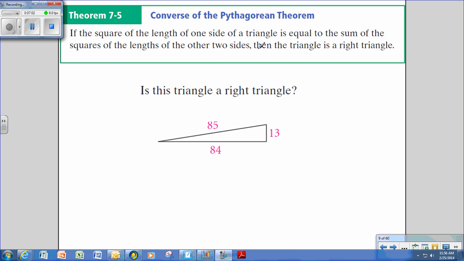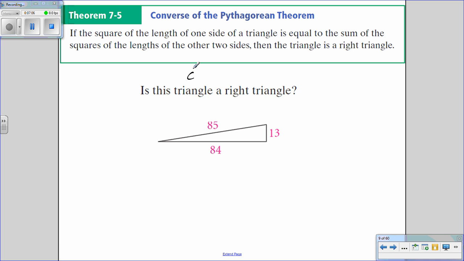Next we have the converse of the Pythagorean theorem. All the converse is writing the Pythagorean theorem backwards. So the converse is c squared equals a squared plus b squared. Now we use this to figure out if a triangle is a right triangle or if it's some other type of triangle. So in this diagram, I'm going to check to see if this is a right triangle or not.